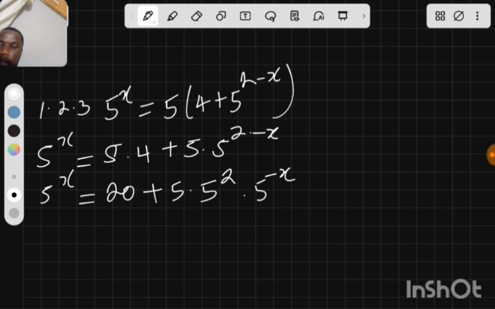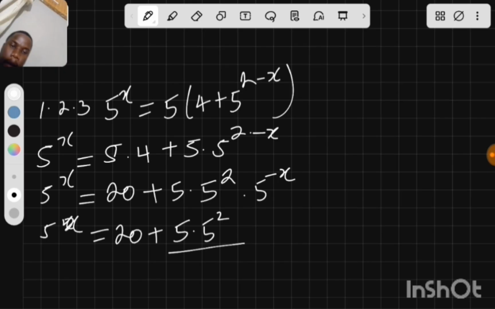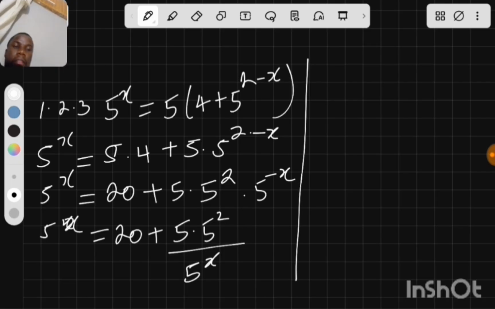And 5 to the power minus x is the same as 1 over 5 to the power x. You're going to have 5 to the power x equal to 20 plus 5 times 5 to the power 2 divided by 5 to the power x. Then we let 5 to the power x equal k.